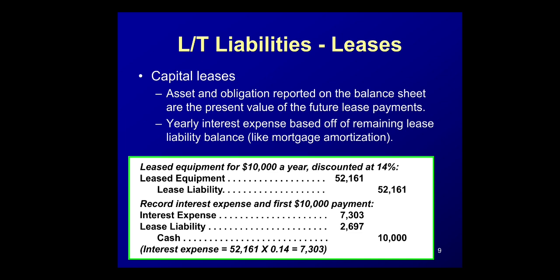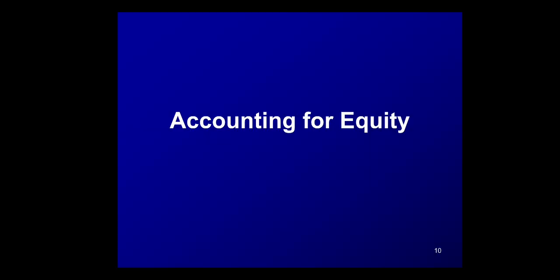How to calculate the interest expense? 14% times the lease liability. Okay, so just remember about this. Later, if I have a sample question, then I will discuss it in the class.